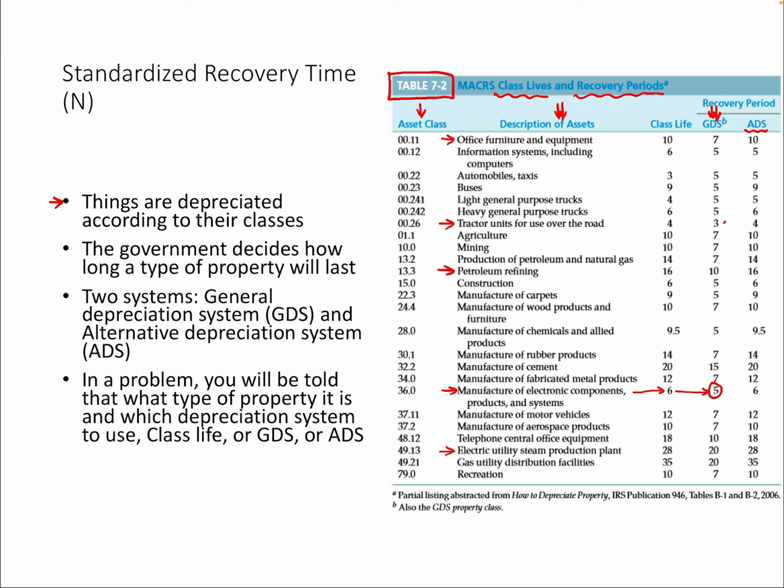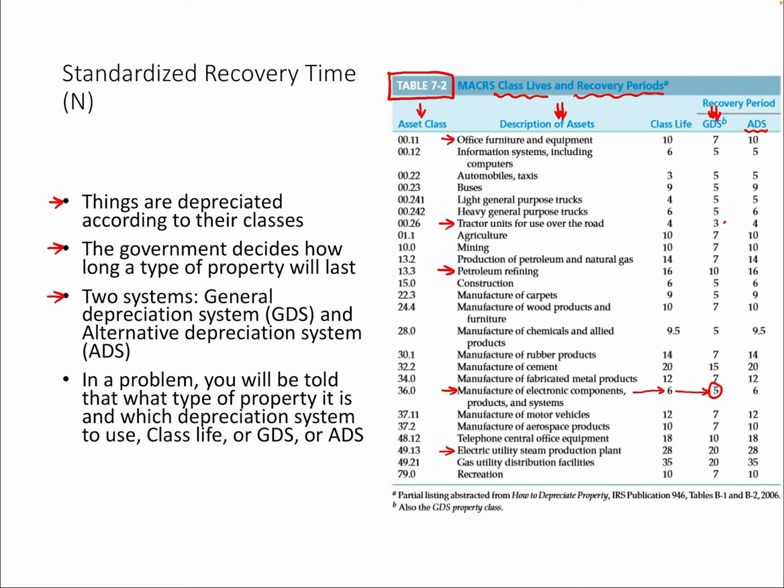It's 20 years. So you can tell that different classes have different recovery periods. The government decides how long a type of property will last. So this number of years is only determined by the government, the IRS, not by anybody else.